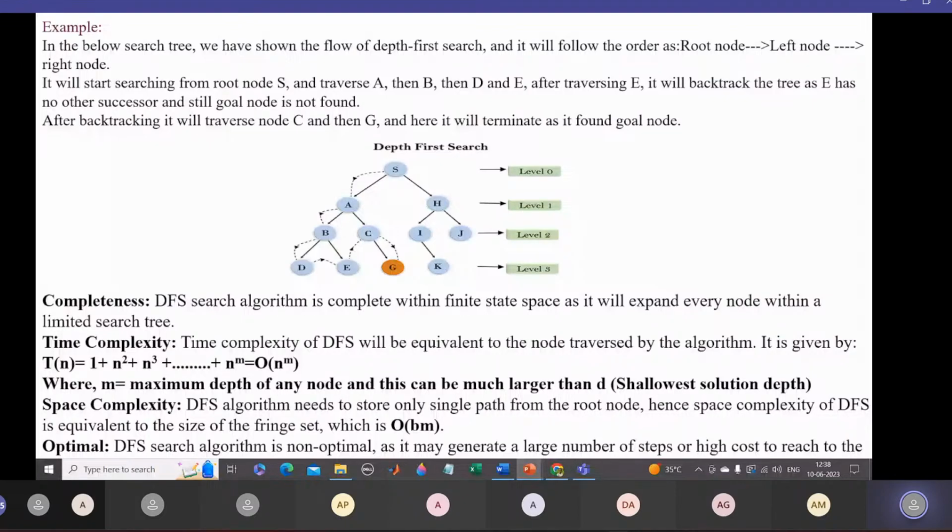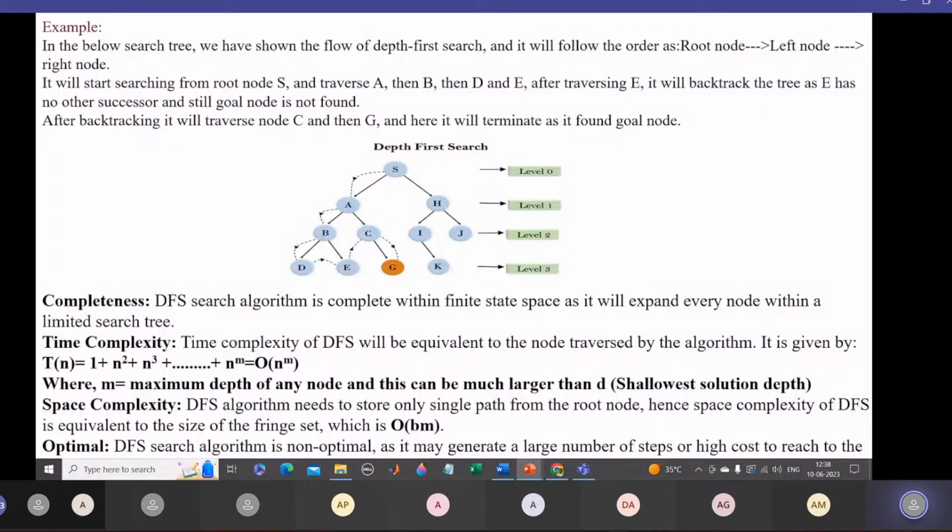The last depth in this path is D, so S to A to B, B to D. Then from D, because B is the parent, we have one more child, that is E. After traversing E, backtrack to the parent level, that is C, and then C's right child is G. So you move to G, completing all the depth levels, and you have reached the goal G. This is your DFS, depth first search.